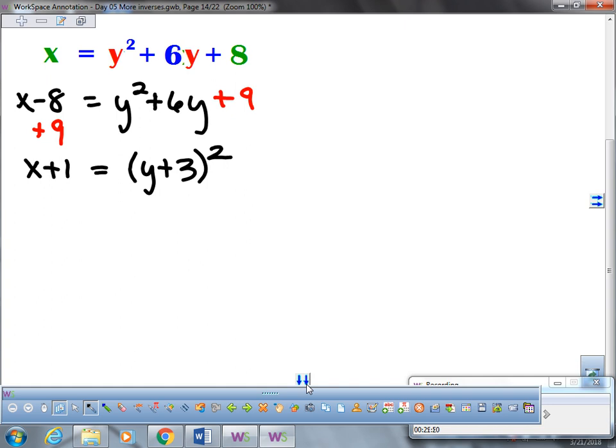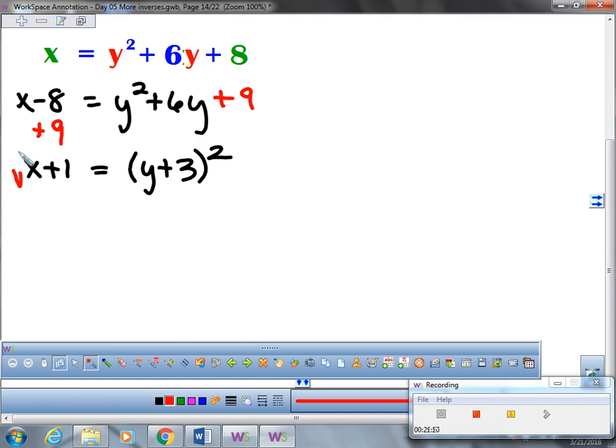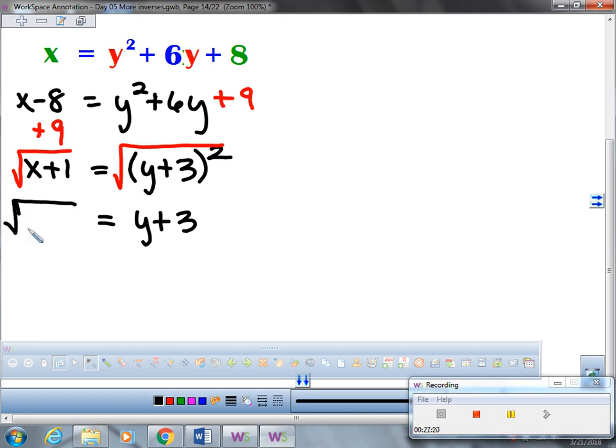Now what? How do I solve for y? What's the inverse function of a quadratic function? It's a radical. Have a great day, guys. See you tomorrow.